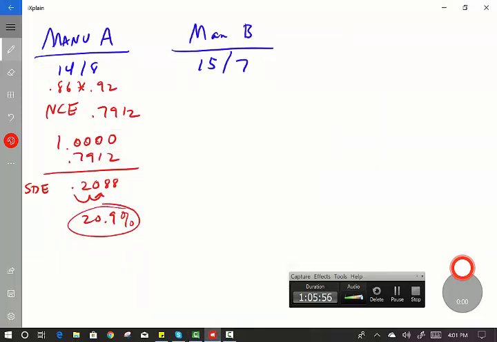Then in manufacturer B, the complement of 15% is 0.85 times the complement of 7, which is 0.93, and that's going to give me a net cost equivalent of 0.7905. I'm going to subtract 0.7905 from whole number 1.